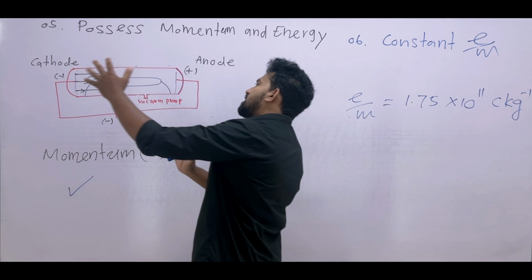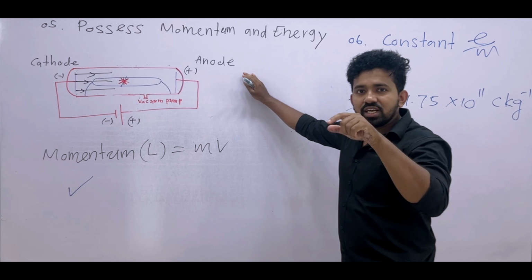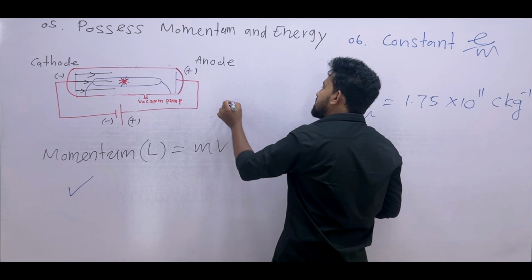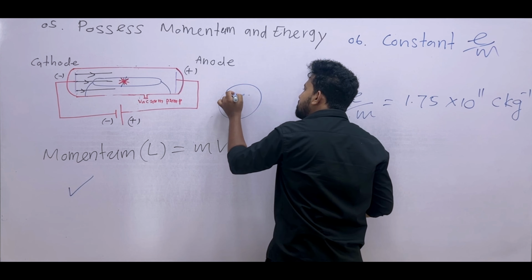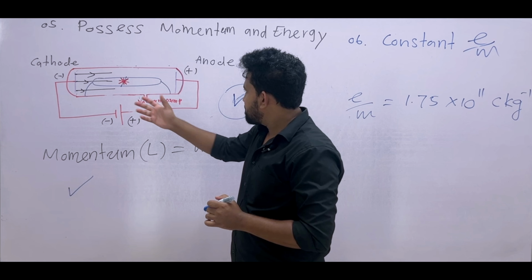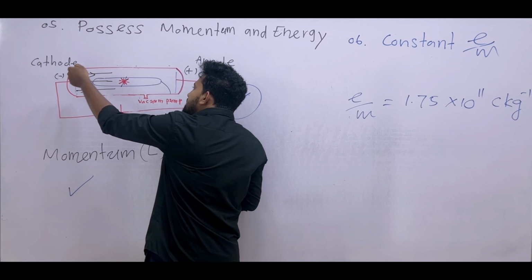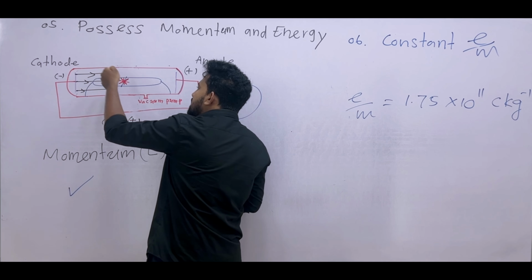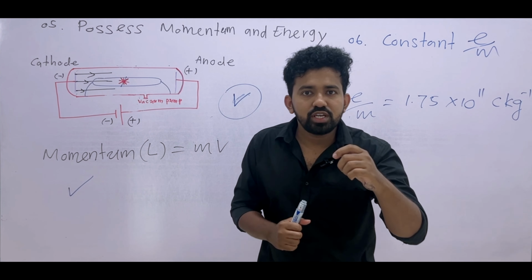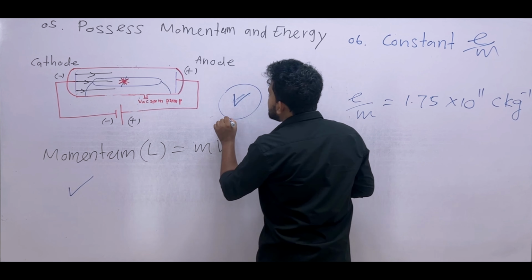Since cathode rays travel from cathode to anode, we know that the cathode ray contains a velocity. Because of the cathode rays, this paddle wheel starts moving, it means the cathode ray can do work. It means the cathode ray should contain mass.